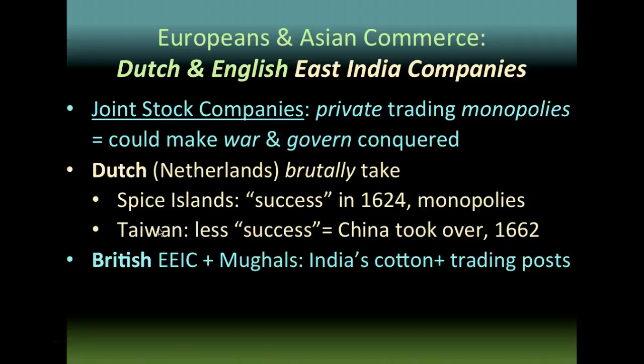The British, or what is known as the English East India Company, the EEIC, had to deal with the Mughal Empire. The Mughals, as you all know, are an Islamic empire controlling India, whose population is again mostly Hindu. You all know this already. And the British are introduced to India's cotton. And cotton from India is the best cotton ever, probably still today.